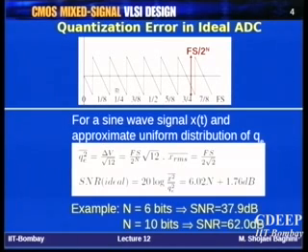This is the quantization noise or quantization error as a function of input values, and the peak-to-peak value of this quantization noise is full scale upon 2 to the power n, which is the LSB size.